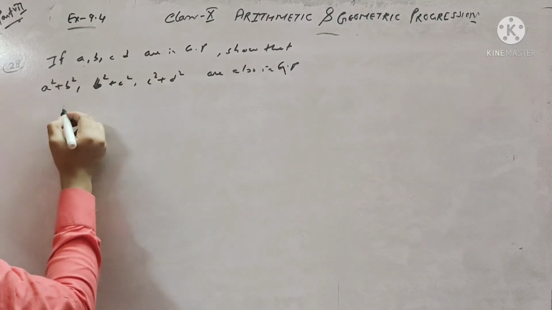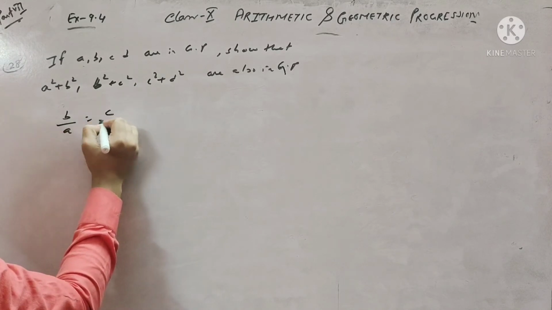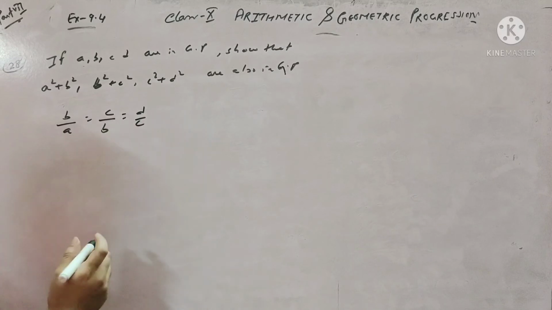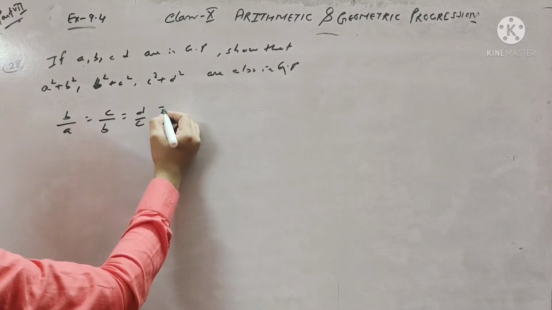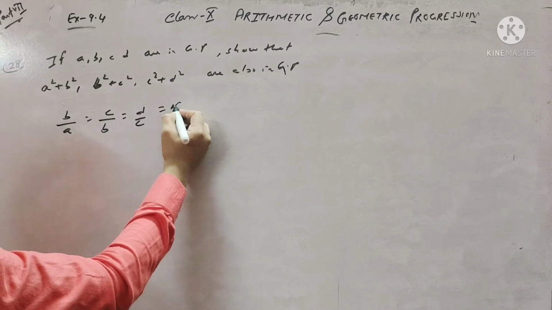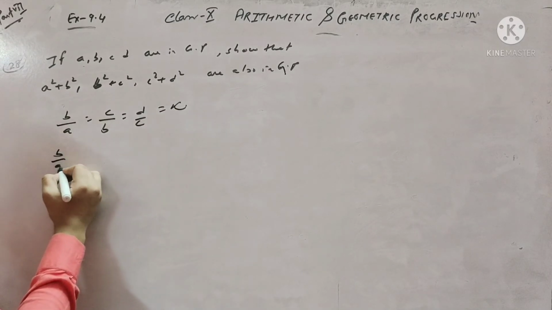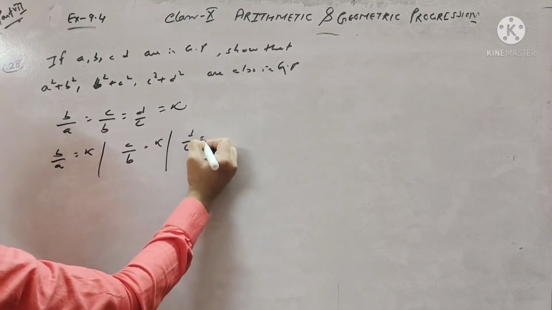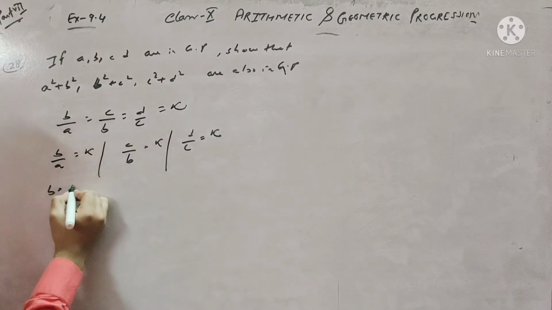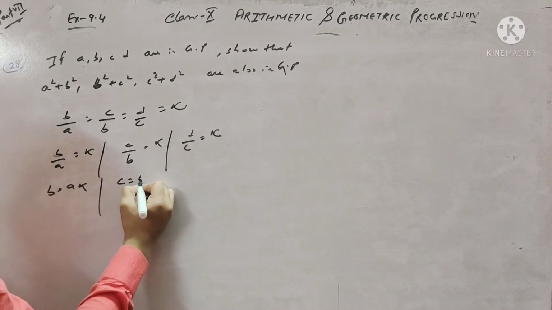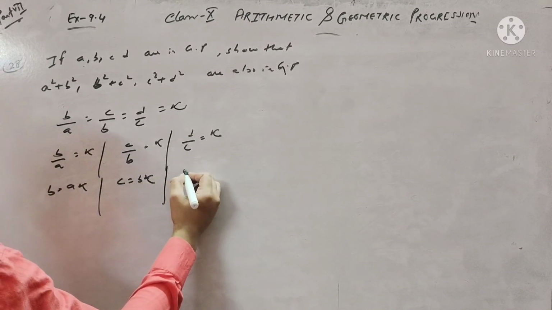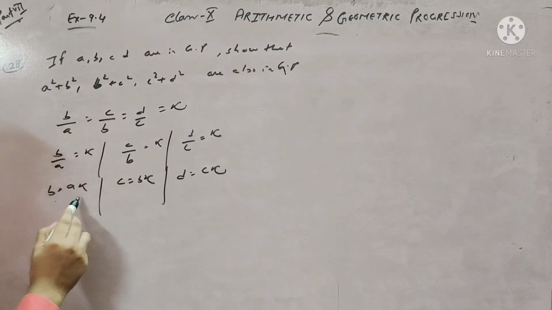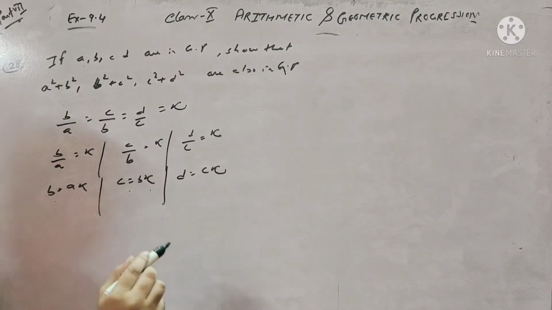That means if this one is GP, then b by a, c by b and d by c are in GP because the common ratios are the same. We take it as k. So b by a equals k, c by b equals k, and d by c equals k. So b equals ak, c equals bk, and d equals ck. Clear?